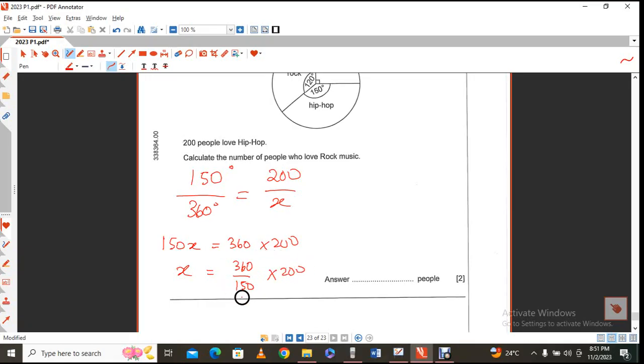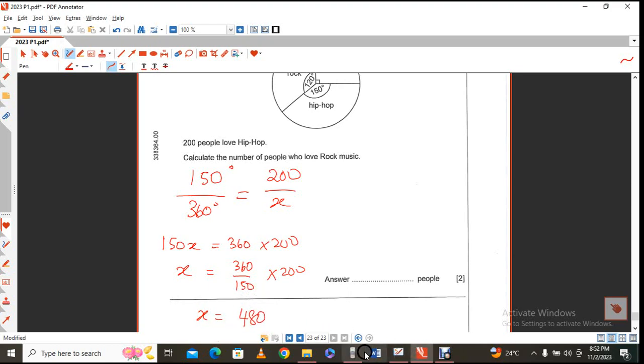That's why you will see a lot of people just taking 360 over 150 times 200 to find the total number of people. In this particular case, I showed it by using equivalent fractions. So the total number of people is 480.